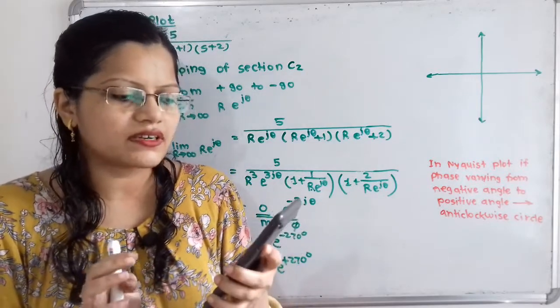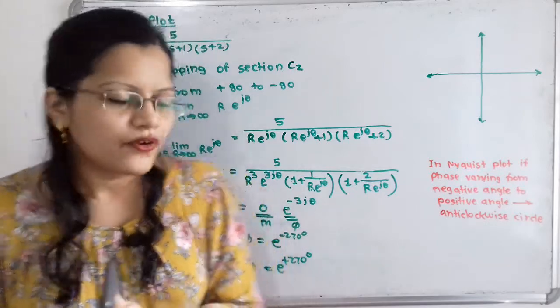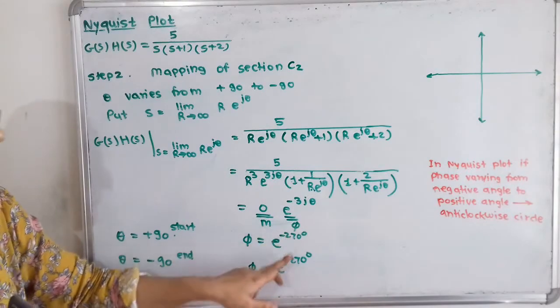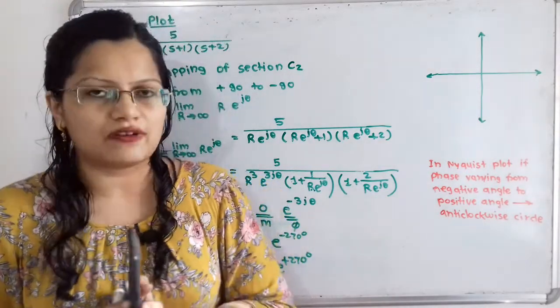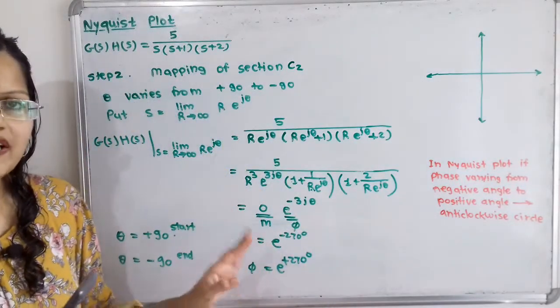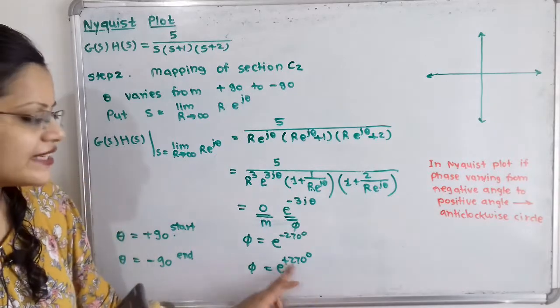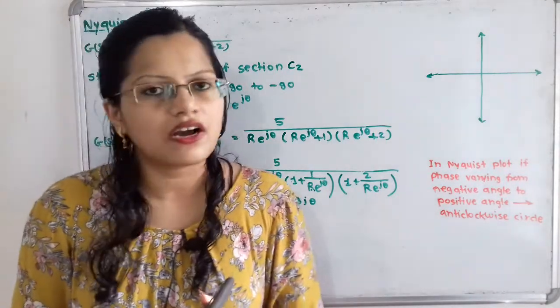So 1.5 circles are getting covered when this phase varies from minus 270 to plus 270. This is the part of calculation: 270 plus 270 is 540, divided by 360, because in 360 degree one circle is getting covered.